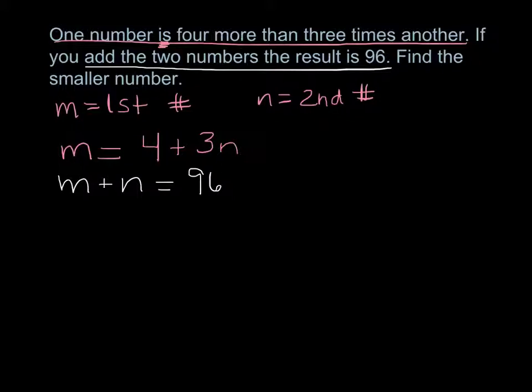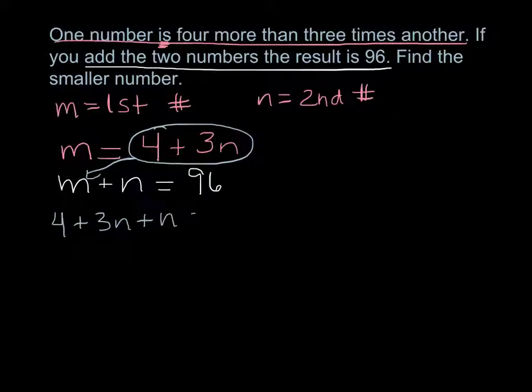I'm going to use straight up substitution, because m is already by itself. I can take that and substitute it into my other equation for m. So we have 4 plus 3n plus n equals 96. Now we combine like terms, so we have 4 plus 4n equals 96.